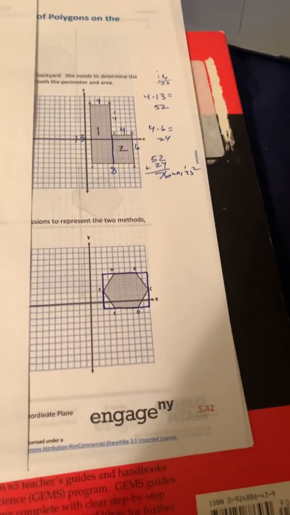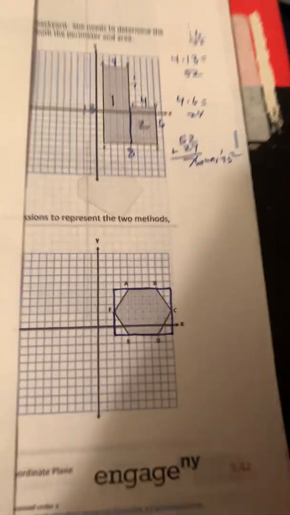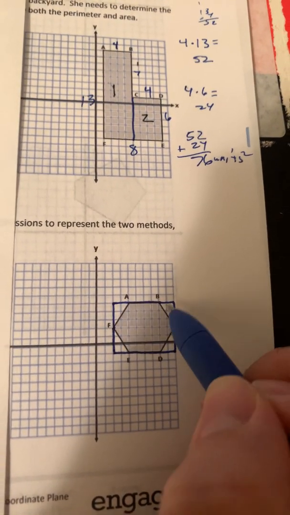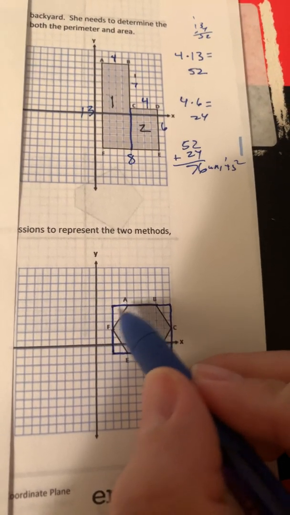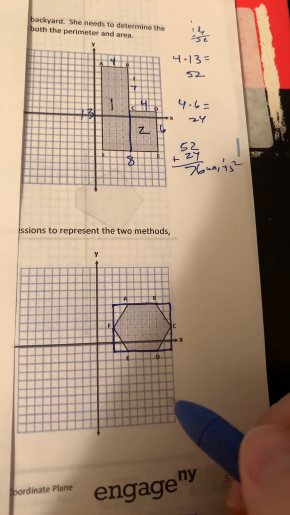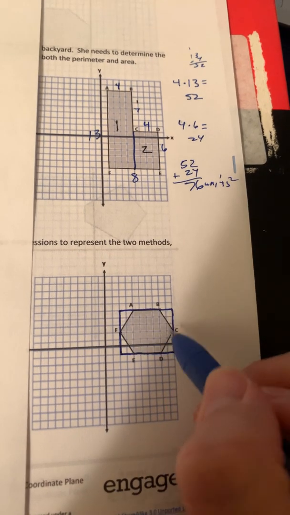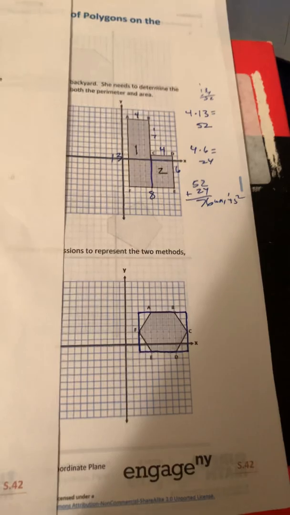Boom. And look at that. Okay. Look at that. Now we have these 4 triangles are going to have the same area because they're all the same. Okay. So if I find the area of this triangle, okay, this is going to have the same area. This is going to have the same area. This is going to have the same area. So what I can do to save time is find the area of this triangle and then multiply it times 4. And that'll let us know what's the area of all 4 triangles together.